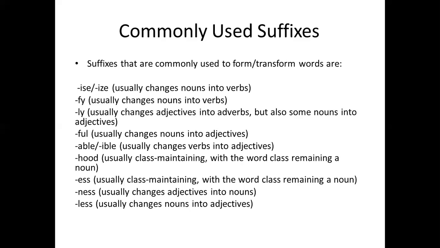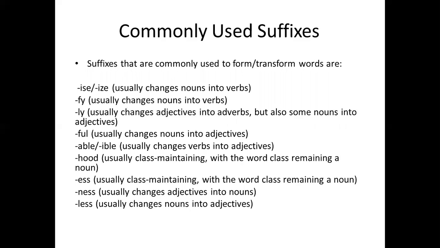Now, if you look at the suffix after that, hood, it's usually class maintaining, which means if this suffix hood is added to another word, then the word class usually doesn't change, remaining a noun. An example I can give you of this is the noun nation. Now, nation is a noun.